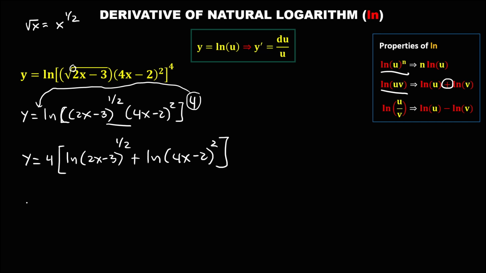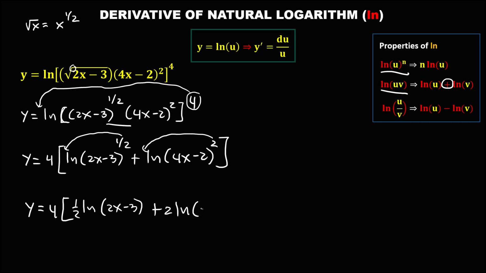Then using the power property, we have 4 times, put this 1 half before ln, so 1 half ln of 2x minus 3, then plus, put this 2 before ln, so 2 ln of 4x minus 2.